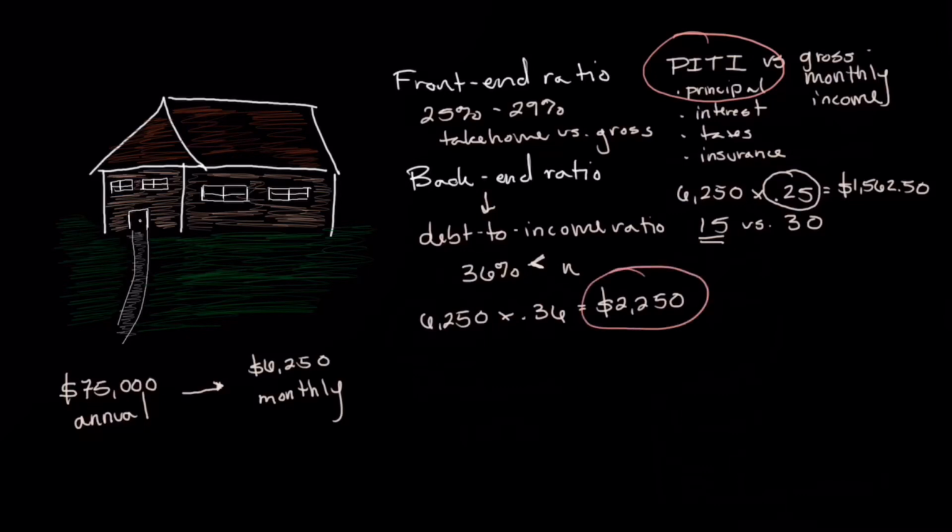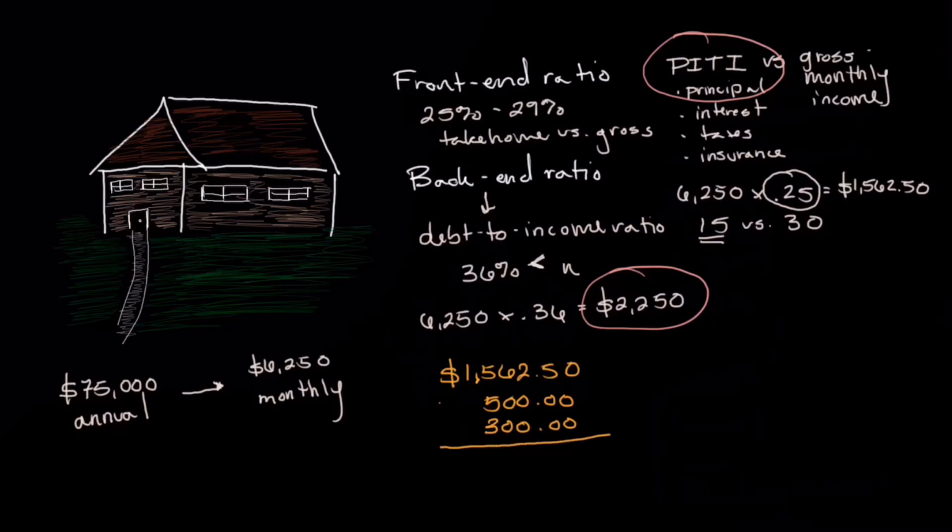So as an example, let's say that we still have our mortgage, which is the $1,562.50. And we also have a $500 a month car payment. And we also pay about $300 per month on credit card debt.